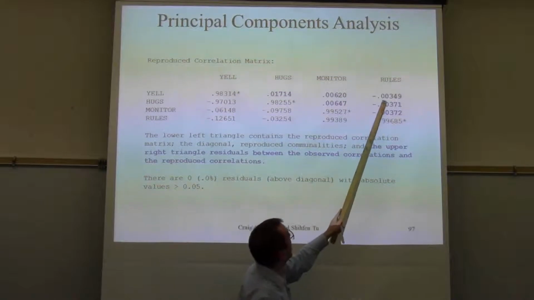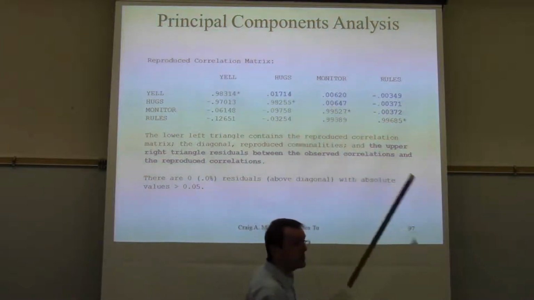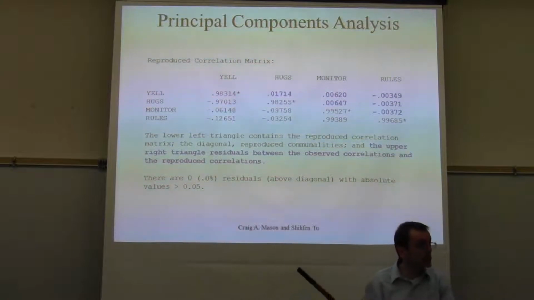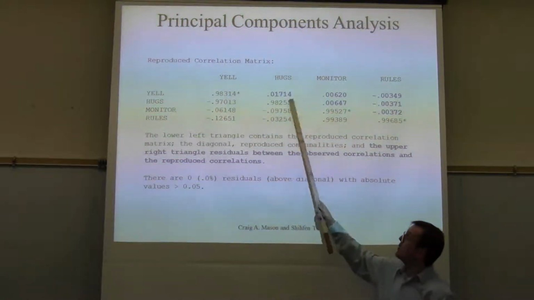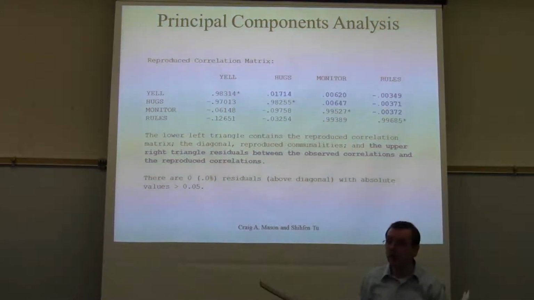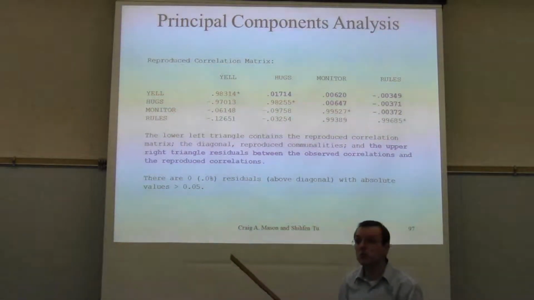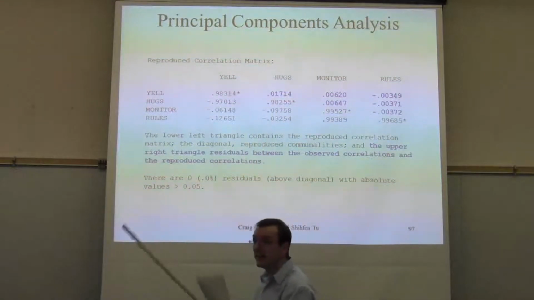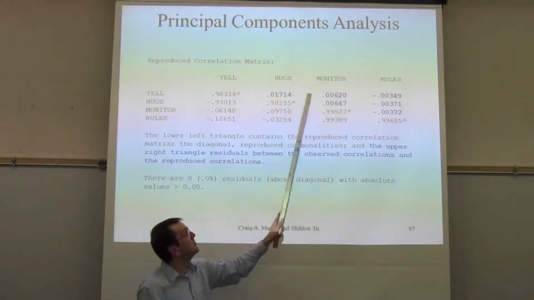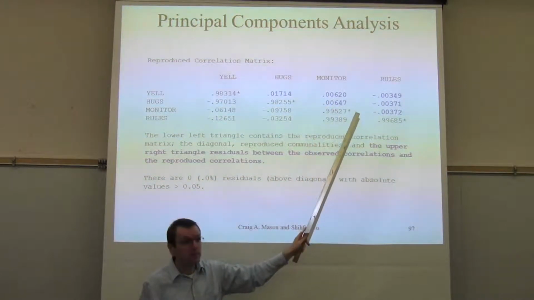In this case, we see all of those reproduced correlations. Our results, our two factors, do a very good job of estimating those correlations. We lost a little information, but we didn't lose information about specific relationships.